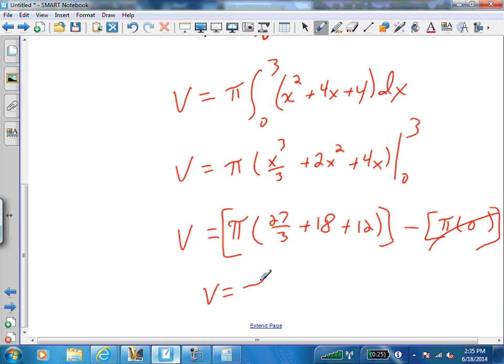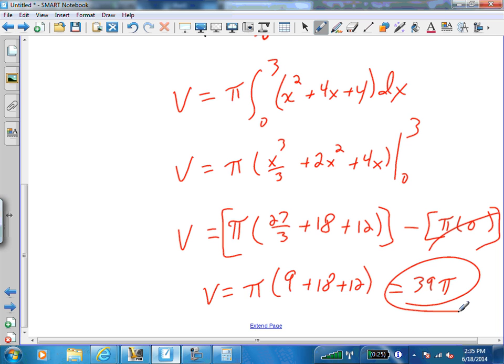So we get for our volume pi times 9 plus 18 plus 12, which is 39 pi. That's the volume given by taking that particular cross-sectional area and rotating it around the x-axis.